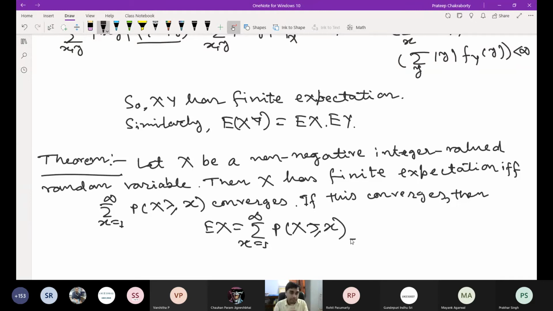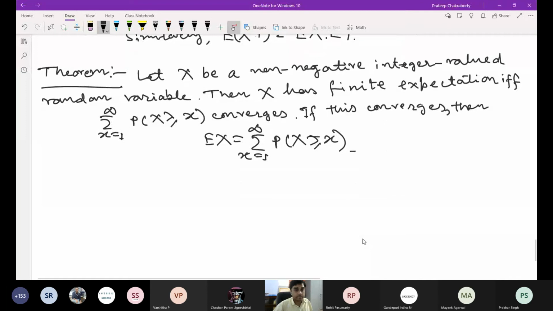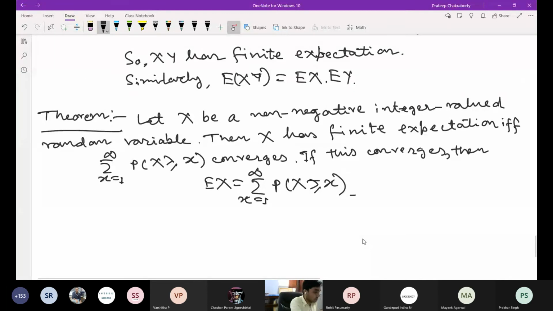We have to just change some summation signs, and then you can prove this, so I am not proving it. After this, we are going to introduce the next thing, which is called moments. Before this, if you have any questions, please ask me. No questions so far? These are very interesting things.